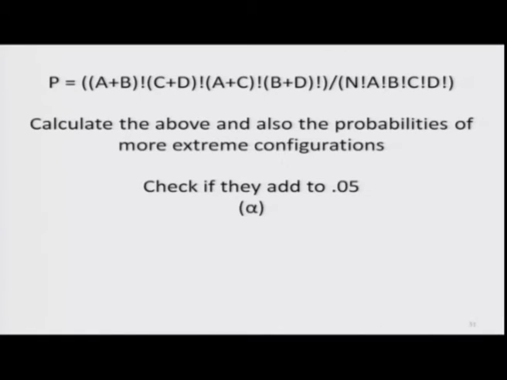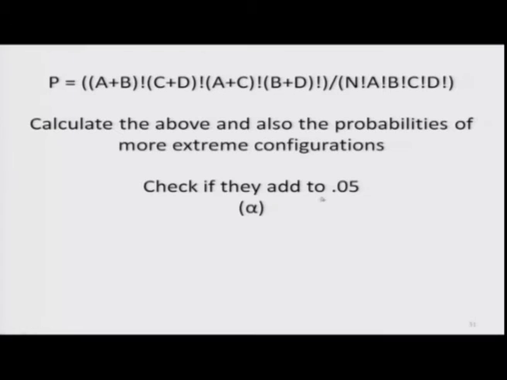Calculate this probability, that is the exact probability of getting this configuration A, B, C, D if A plus B, C plus D, A plus C and B plus D and n are fixed. Check if this adds to 0.05.